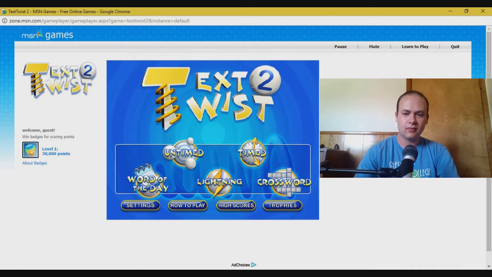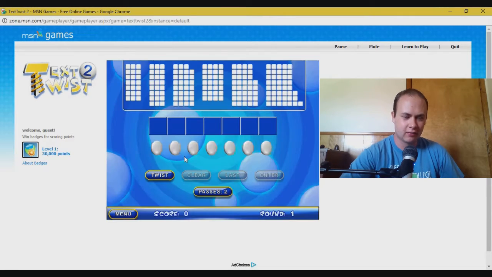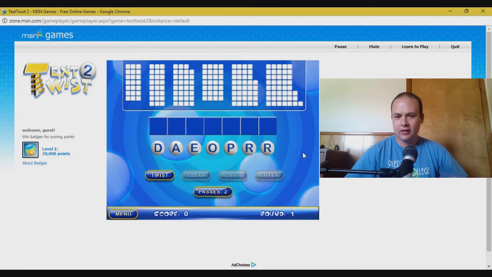So, basically, I'm going to go into untimed mode real quick here to give you a feel of what it's like. You get these letters, and basically your job is to figure out the longest word here, which is typically 7 letters, unless you change the settings to make it shorter or longer.